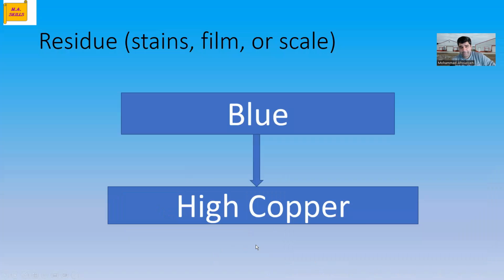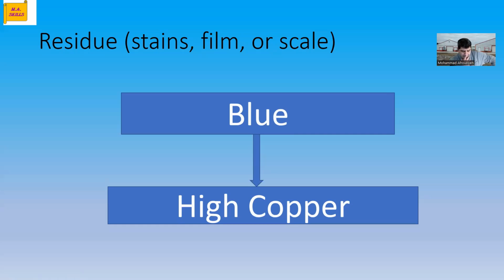rid of that. If you see blue stains, film, or scales, it might be because of high copper in your water. Again, the solution for high copper is to use reverse osmosis or an ion exchange system to get rid of high copper.